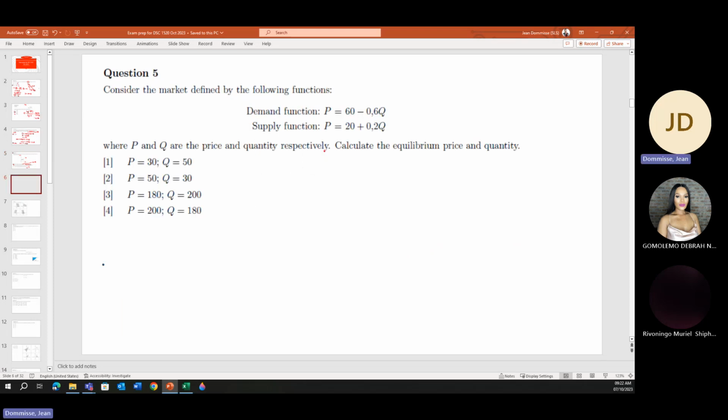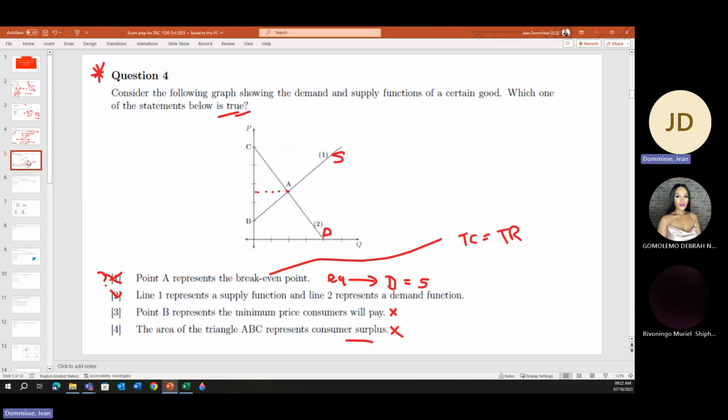Okay, next question. We're looking here, they tell us we've got a demand and supply function. Then they ask us to calculate the equilibrium price and quantity. From the previous question, we know at that point is actually equilibrium and not break even.